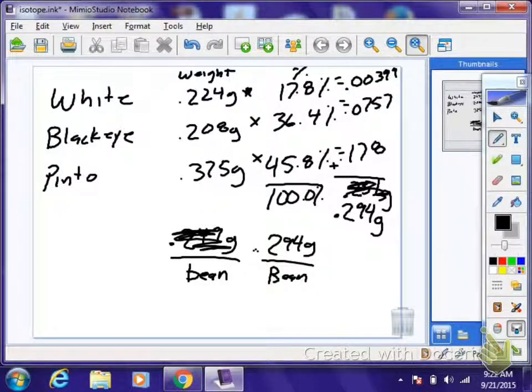Then what you did was you weighed out the total number of beans that you had. So they weighed out 153.76 grams of beans.